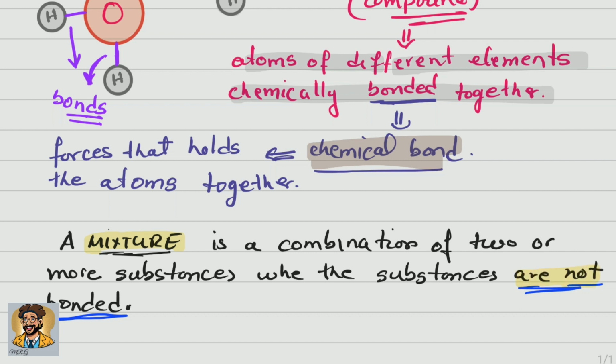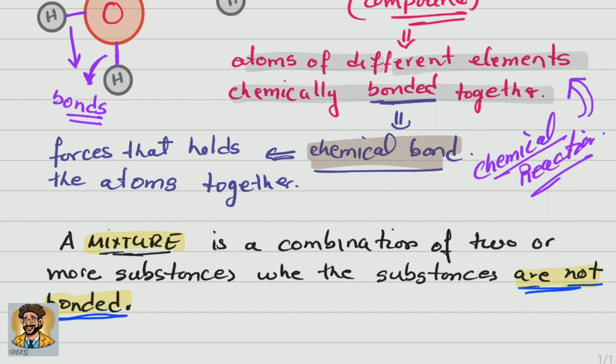Unlike the compound, where the substances are chemically bonded. It means that for a mixture to form, no chemical reaction is needed. But for a compound to form, you need a chemical reaction.